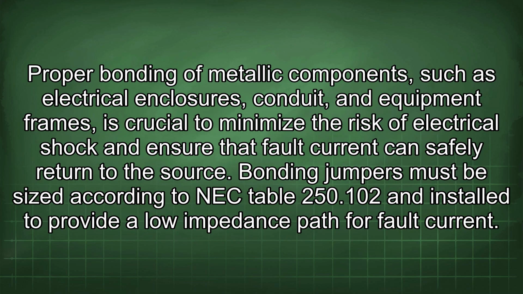Proper bonding of metallic components, such as electrical enclosures, conduit, and equipment frames, is crucial to minimize the risk of electrical shock and ensure that fault current can safely return to the source. Bonding jumpers must be sized according to NEC Table 250.102 and installed to provide a low impedance path for fault current.